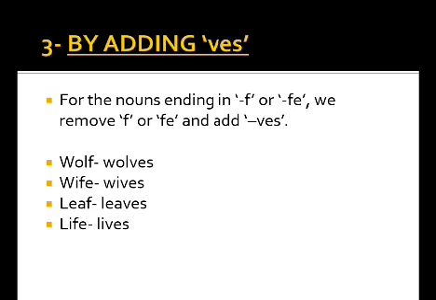So the plural of wolf becomes wolves. Similarly, the plural of wife is wives. We make it plural by removing the last fe and adding the suffix ves. Leaf becomes leaves and life becomes lives.